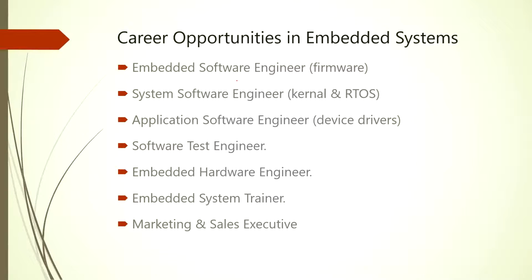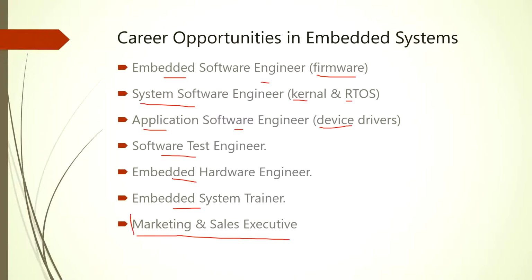Right? So what roles can you do as an engineer? The first thing is embedded software engineer, wherein you can develop firmware. Firmware is nothing but what? Software. Second, you can act as a system software engineer, wherein you can develop kernels and RTOS. Third, you can go for application software engineer, wherein you are supposed to develop device drivers. Then you can act as a software test engineer, then embedded hardware engineer, embedded system trainer, then marketing and sales executives, right?